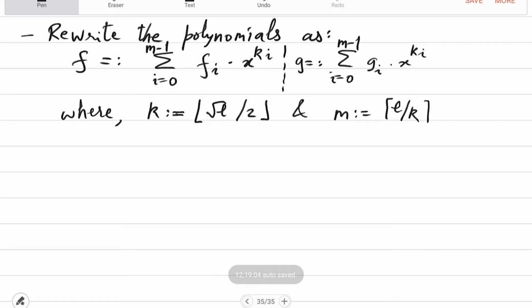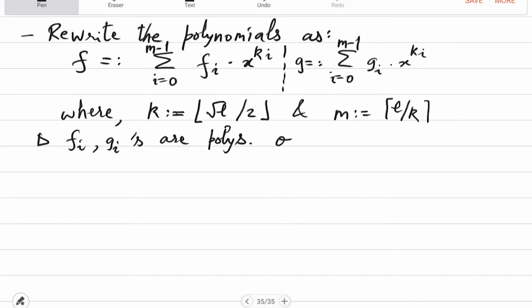And so these Fi, Gi are polynomials of degree less than k. The idea is essentially that you are thinking of f as a bivariate polynomial. So you think of Fi as in one variable, let's say y, and x to the ki is in x.